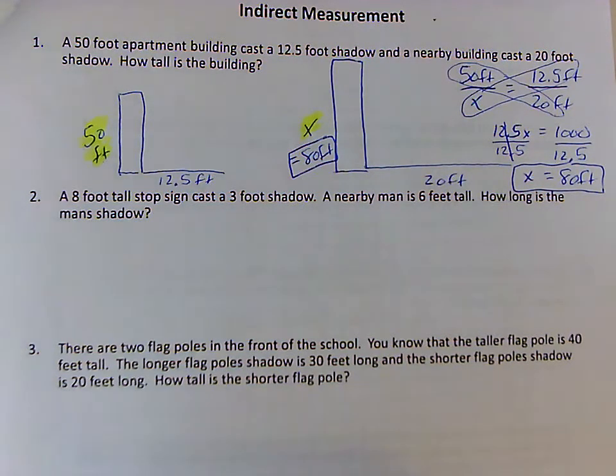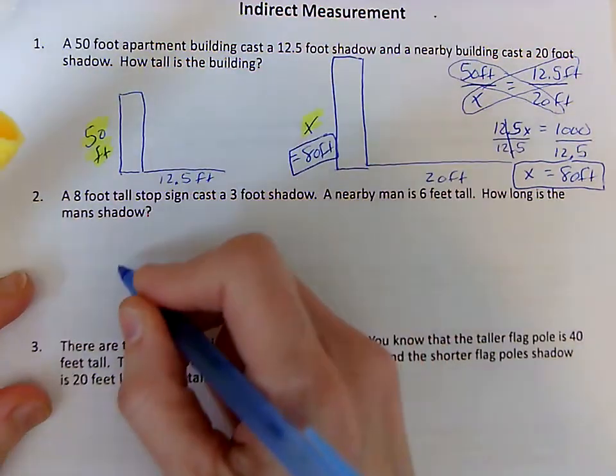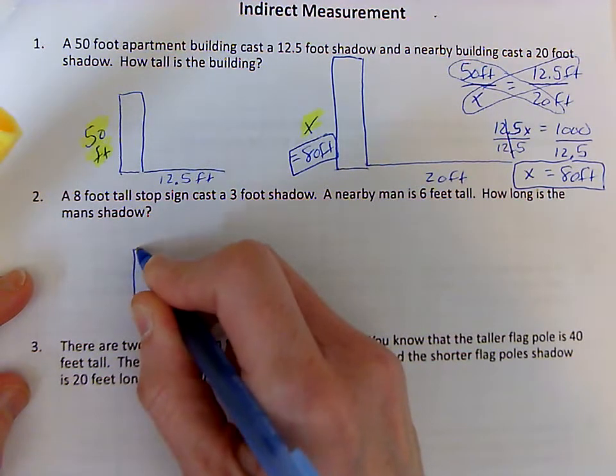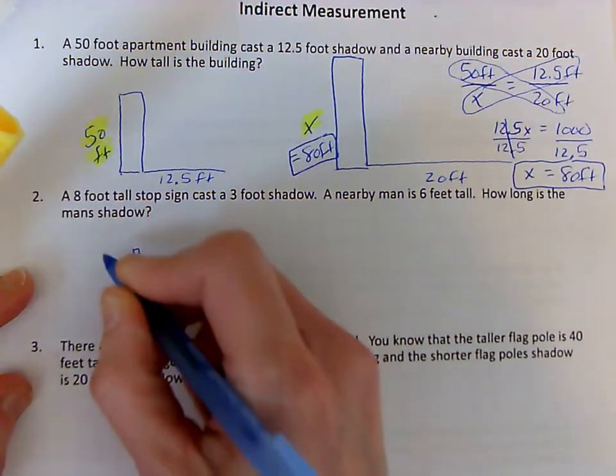Number 2: an 8-foot tall stop sign casts a 3-foot shadow. A nearby man is 6 feet tall. How long is the man's shadow? Okay, so 8-foot stop sign. I'm just going to draw a skinny little pole here for the stop sign, 8 feet.